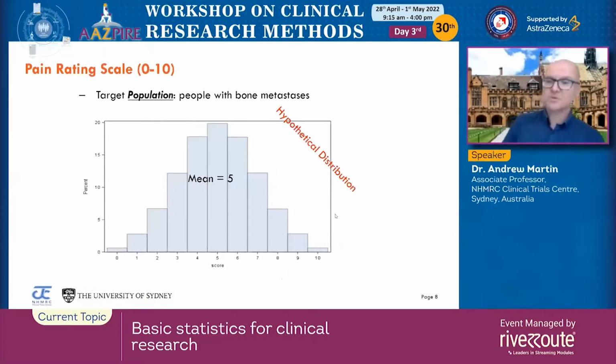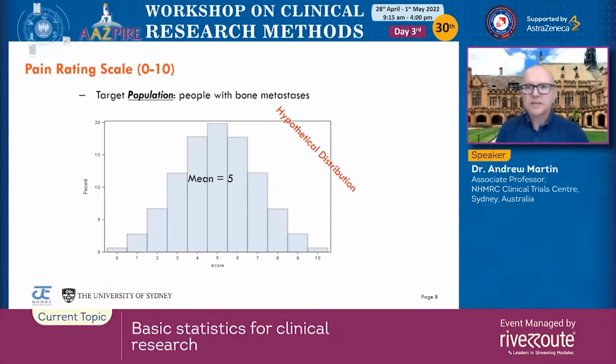Now let's move from those simple examples of random variables to something a little bit more clinically relevant. And here we're looking at hypothetical data that is meant to reflect the distribution of pain scores we might see were we to assess pain in the entire target population of interest, in this case, cancer patients with painful bone metastases.